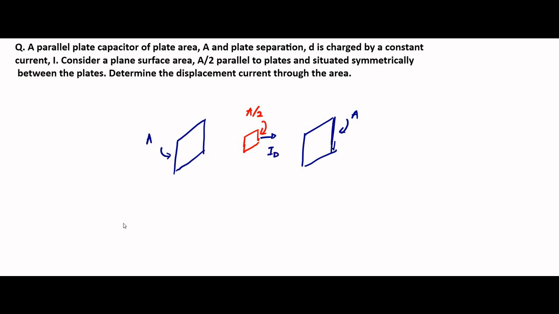So the basic definition of displacement current, the first one is ID is equal to epsilon 0 d phi E by dt, that is epsilon 0, absolute permittivity, multiplied with the rate of change of electric flux with respect to time. Then another one is ID is equal to epsilon 0 A dE by dt, and then we have ID is equal to C dV by dt, capacitance and rate of change of electric potential.